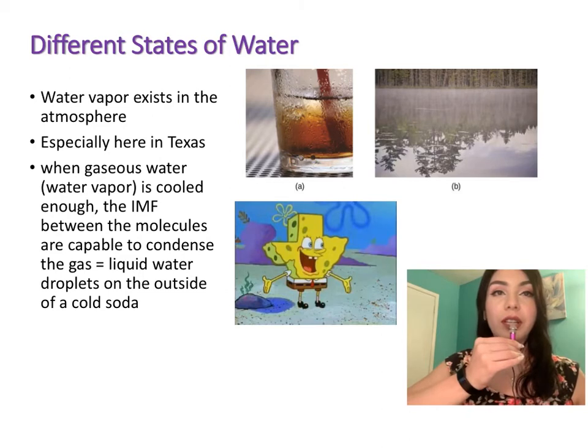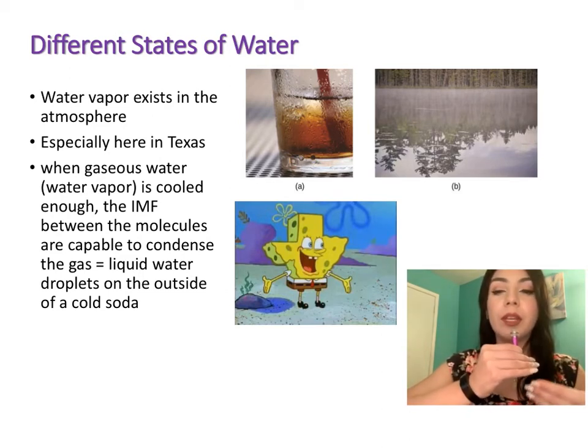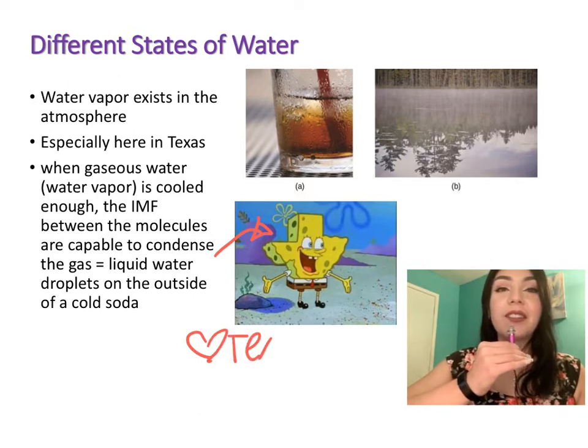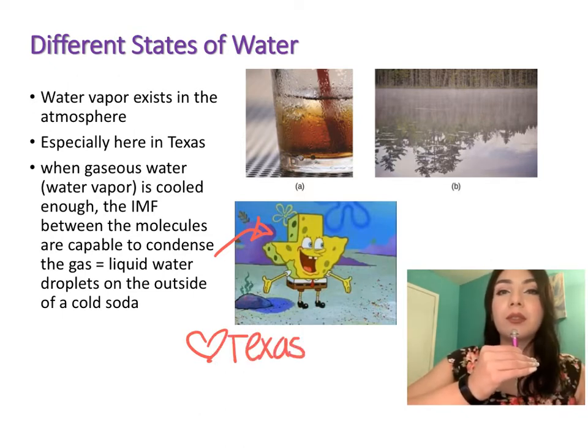To illustrate those different states and how they correlate with the temperature, so the kinetic energy, think about here in Texas, the great state of Texas. We have the most humid atmosphere ever, or at least it feels like that. Basically it's because it's so hot that water turns into vapor and just hangs around.